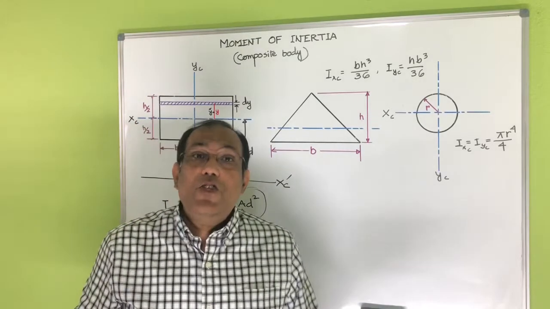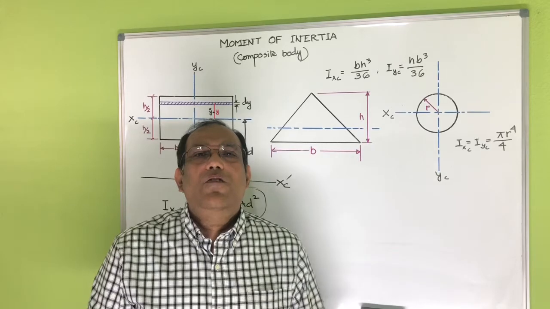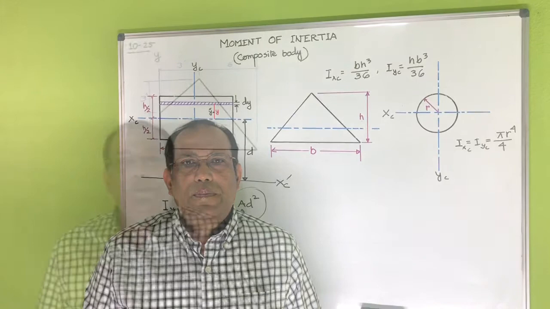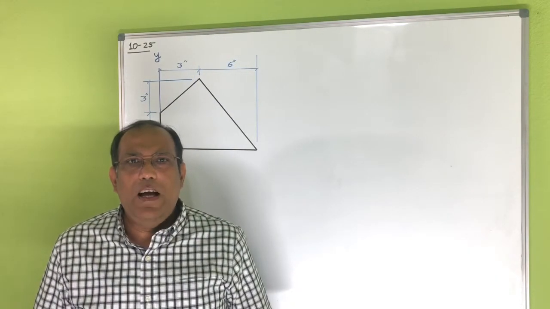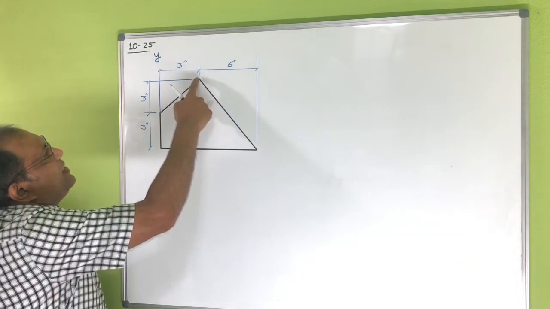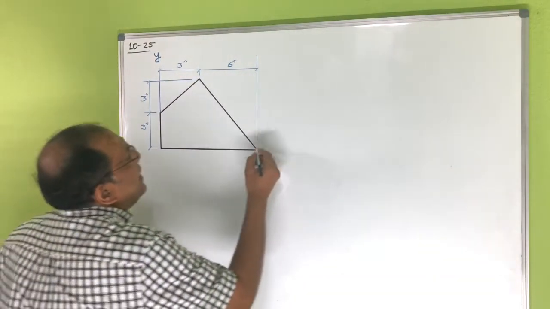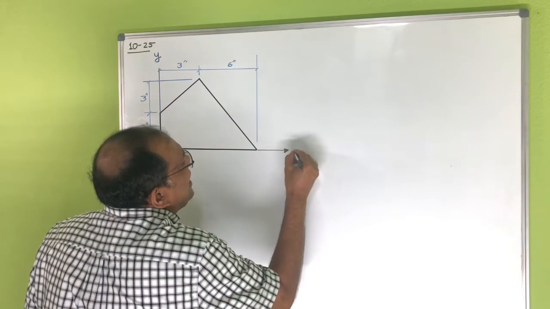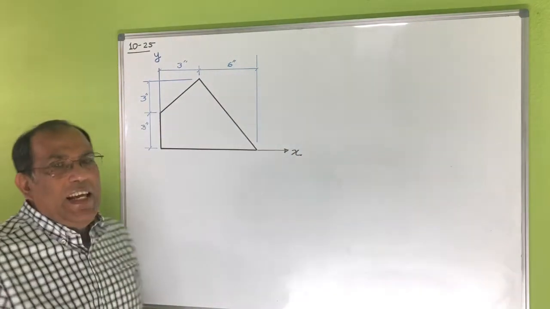Now I'm going to show you some examples, and you will see how we use this theory to find the moment of inertia for different shapes. Problem number 10-25, here is the figure. They are asking to find the moment of inertia along the x-axis of this composite area.